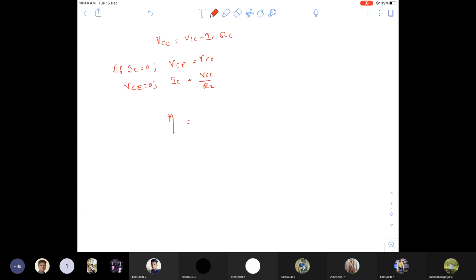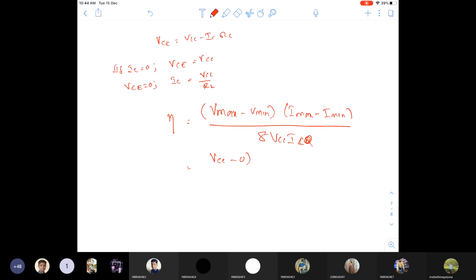Eta equal to, I will write again, (Vmax minus V minimum) into (Imax minus I minimum) by 8 VCC ICQ. Okay, so Vmax is VCC minus 0, into 2 ICQ minus 0, by 8 VCC into ICQ.